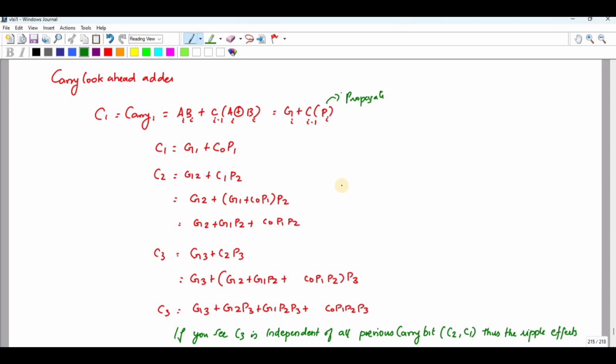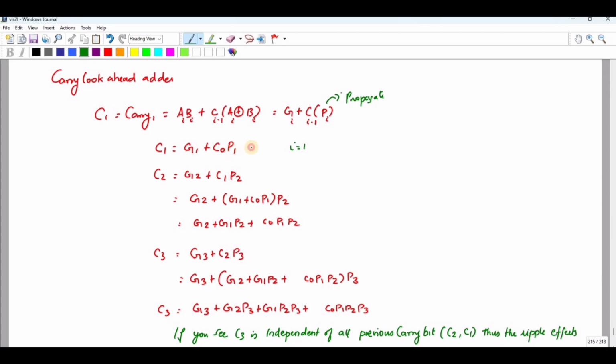If I want C1, I substitute i equal to 1, and I will get C1 is equal to G1 plus C0 P1. This is your first equation.